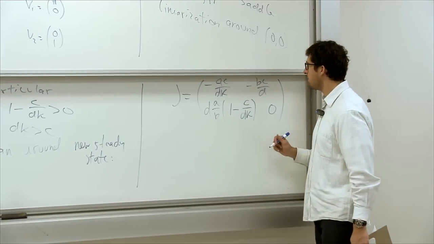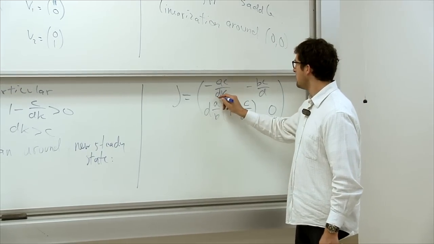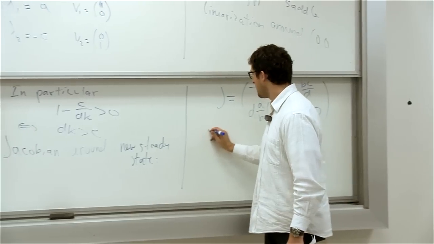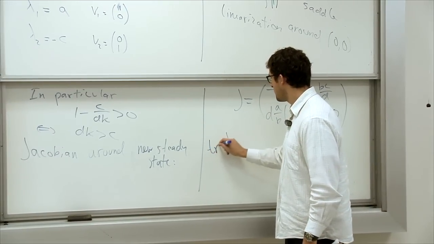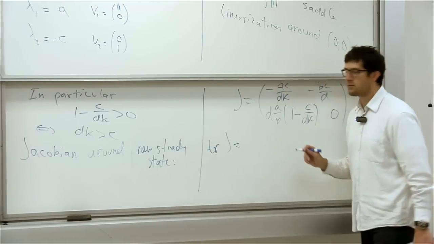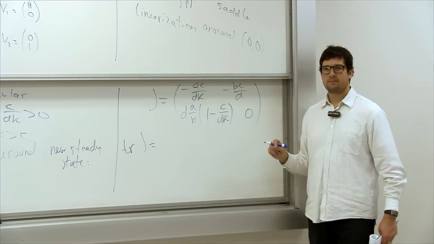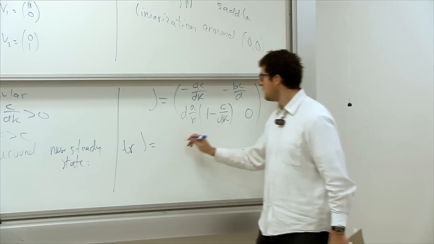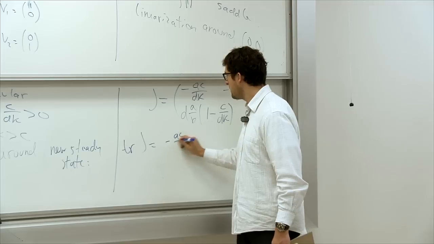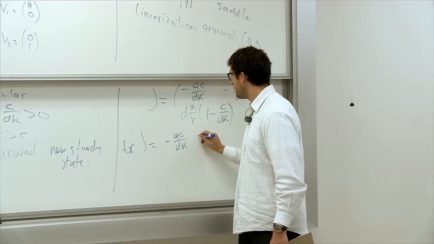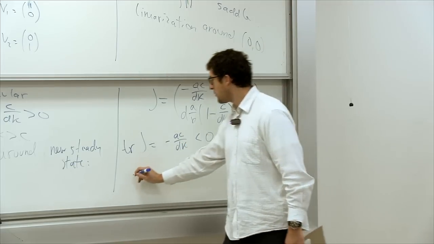Okay, now what is the trace of this Jacobian matrix? Negative ac over dk. Okay. And is that positive or negative? Negative. Okay. What about the determinant?